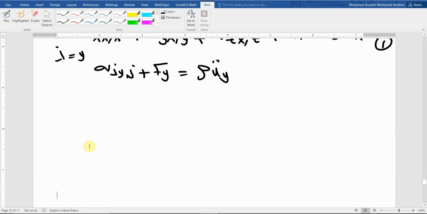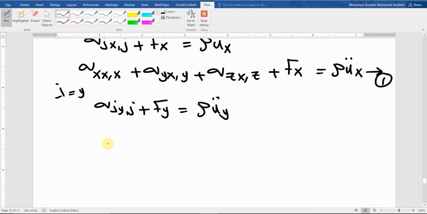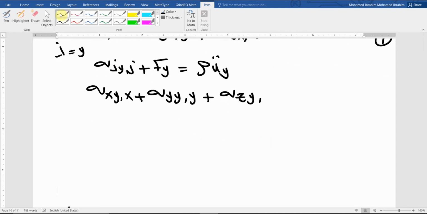It means that I can write this as σxy,x plus σyy,y plus σzy,z, right? It should be plus fy equals ρ uy double dot, and this is going to give us the second equation.